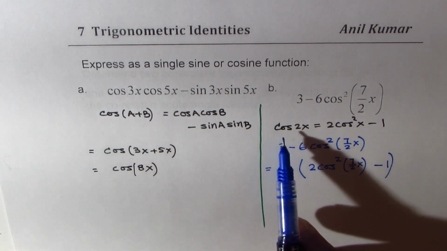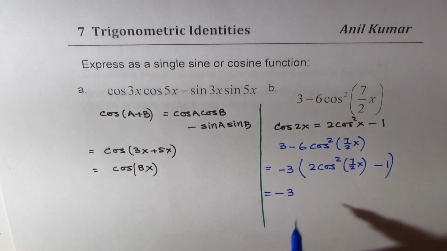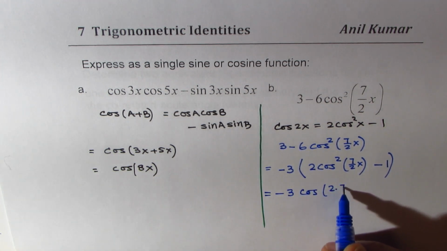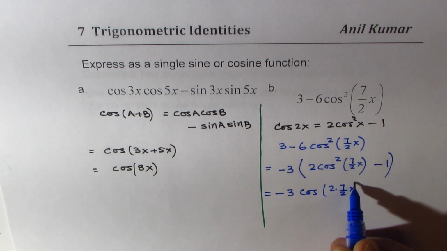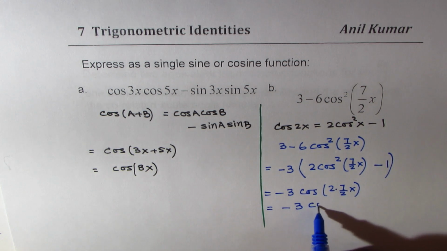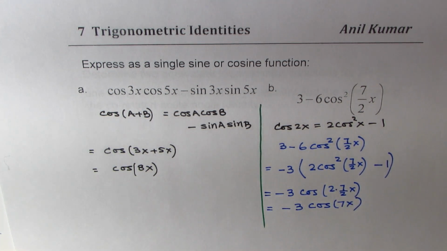So it could be written as cos of 2x, and therefore we could write this as minus 3 cos of 2 times 7 over 2 x, which is clearly equals to minus 3 cos of 7x. Do you see that? So that is how we could directly apply the formula and do the very first question.